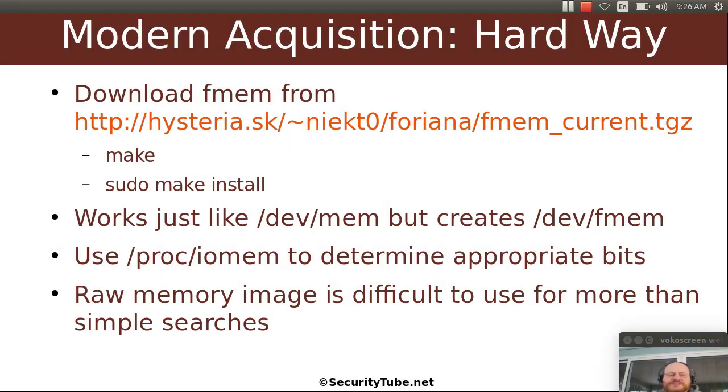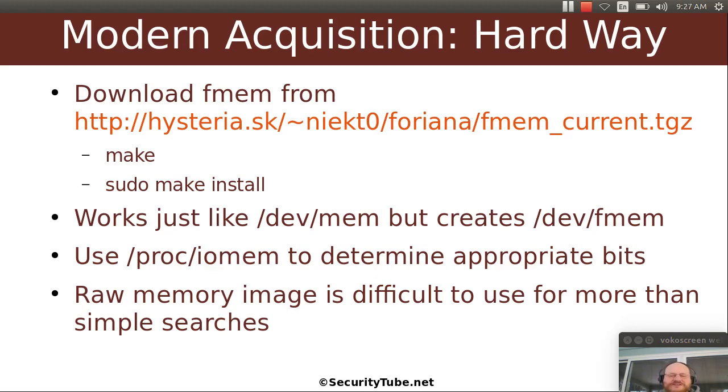You could build this on an identical architecture machine or in a virtual box if you don't have the same kind of system. Once you've built this, you can use the proc IOMEM information in order to determine which chunks of memory are interesting. Now, there's a couple of issues with this way.